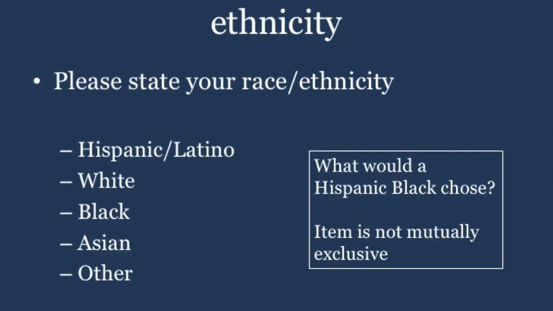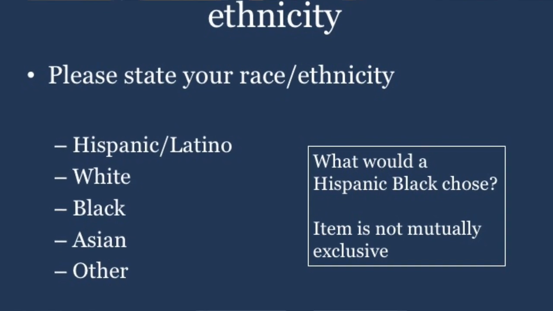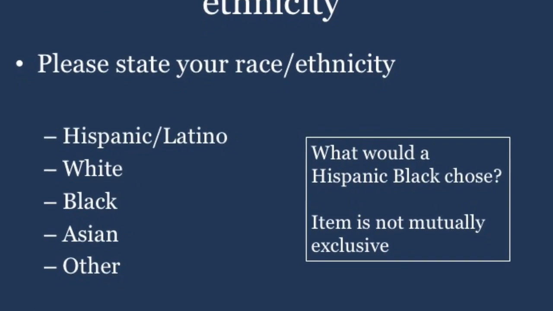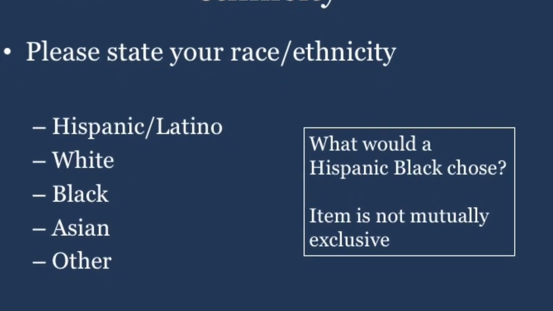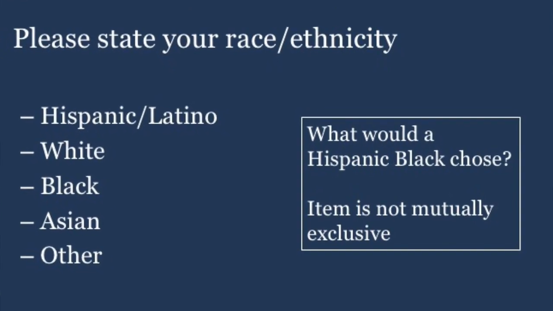While this is a very common item we find in many surveys, some respondents may have a hard time responding to this question. Consider a black Hispanic. What would they choose? Would they choose Hispanic or Latino because that's their ethnicity, or would they choose black because that's their race?